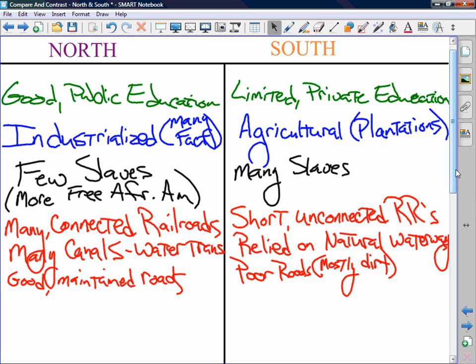Something that ties along with the railroads here. Let me tell you something that maybe you didn't know. Normally, along railroad networks, along the railroad tracks, there were telegraph lines. Who can give me some information about maybe communication? Communication. That was in the economy of the north section.